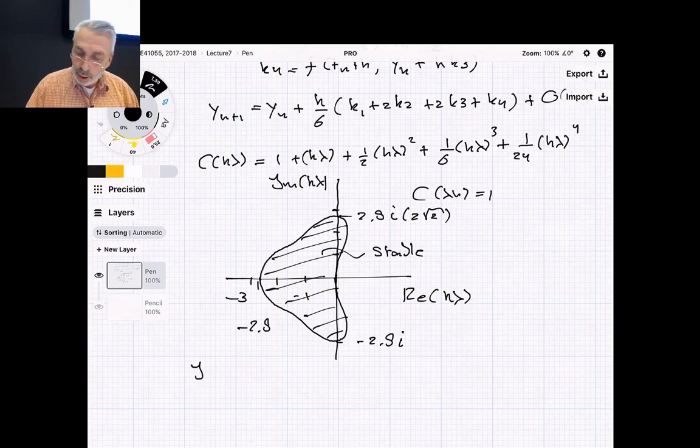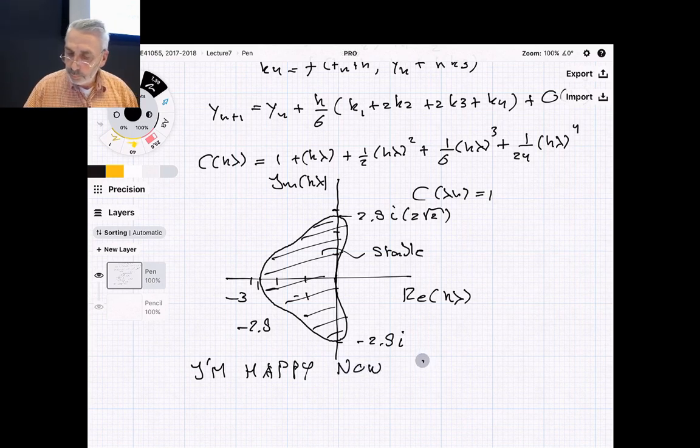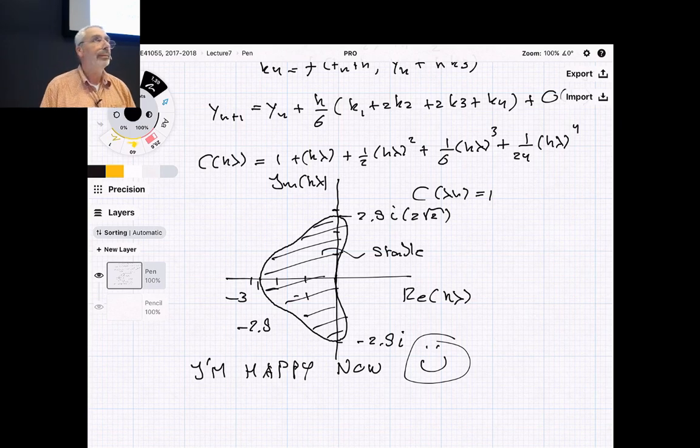And I am happy now. Why am I happy? Here we have, so the pure oscillatory solutions are in this region.